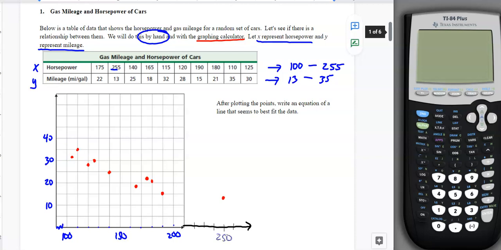I got the 35. Well, maybe if we do something like this. I'm going to just try to guesstimate. And I think that maybe if I just connect this first dot with this dot over here, let's see how that does, if that somewhat connects the data.